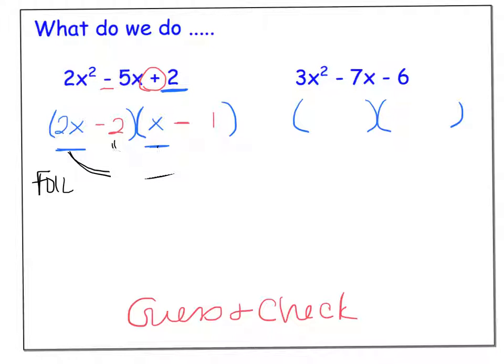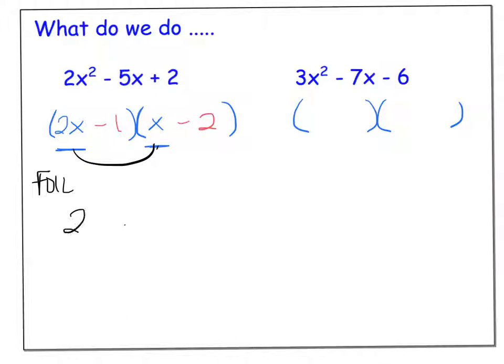Now you only have one option because there aren't multiple factors of 2. I need to switch my 2 and my 1 around. And there I just switched them. So now we're going to FOIL and check again, and this is why it's important to have an eraser in math class. So I have 2x times x gives me 2x squared. My outer terms give me a -4x.